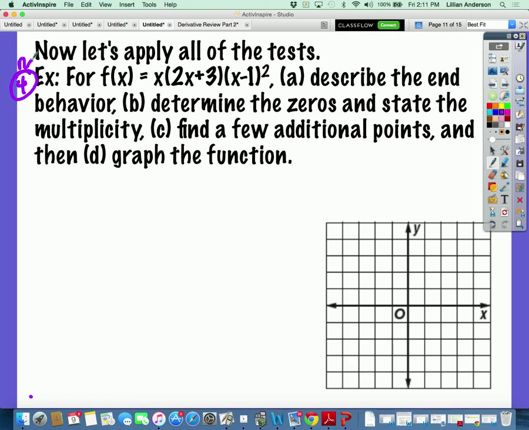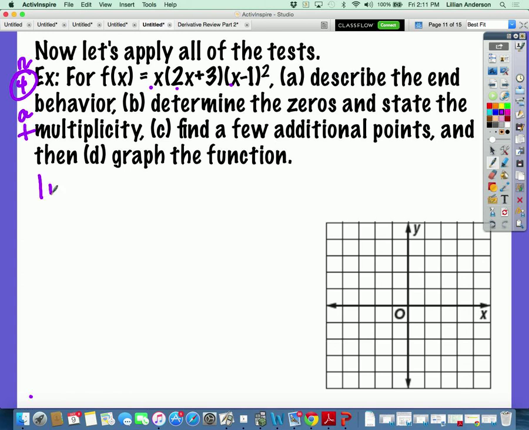Yes, it is. Because you have a positive 1, a positive 2, and a positive 1 that multiply together. Like if I multiplied out that last part, multiplied it by 2x plus 3, and then multiplied it by x, which I'm not going to do, but if I did, you would have a degree of 4 and a positive x to the 4th. Okay? So A is positive.